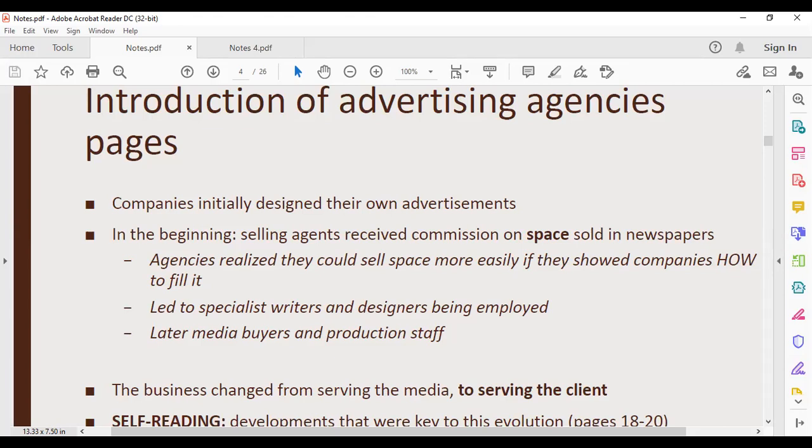However, with the evolution of advertising, the idea changed to understanding that the purpose of advertising should be to serve the client. How do we serve the client? By informing the client, by addressing the issues that the clients want to understand or to hear.